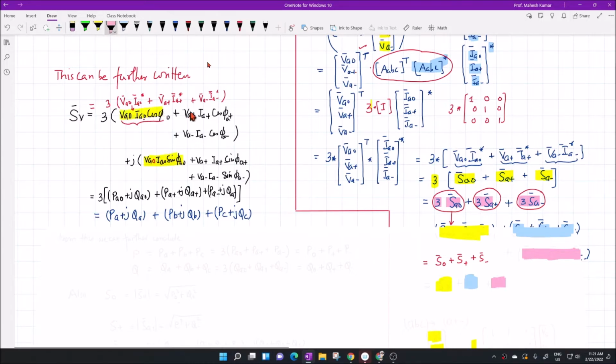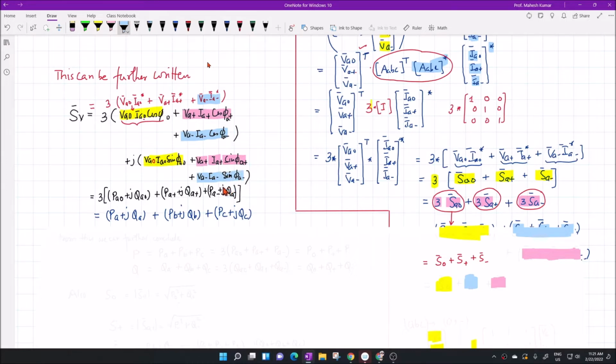Similarly, for the second component, this is the real part, that is VA plus IA plus cos phi A plus, and this is the imaginary part, VA plus into IA plus sin phi A plus. And similarly, we can resolve the third one, that is VA minus IA minus complex conjugate in terms of the real and imaginary components, and these are VA minus IA minus cos phi A minus, and then VA minus IA minus into sin phi A minus.